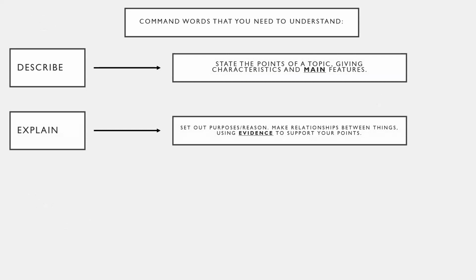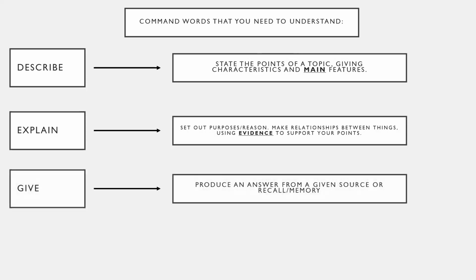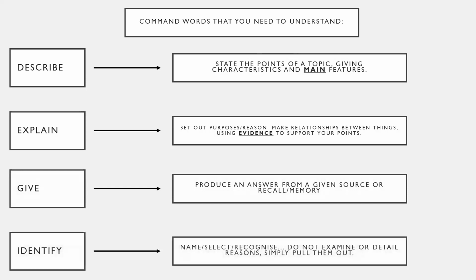Make relationships between things using evidence to support your points. Another command word is give. So you produce an answer from a given source or recall a memory. And finally, identify. Name, select, or recognize. Do not examine or detail reasons. Just pull them out.